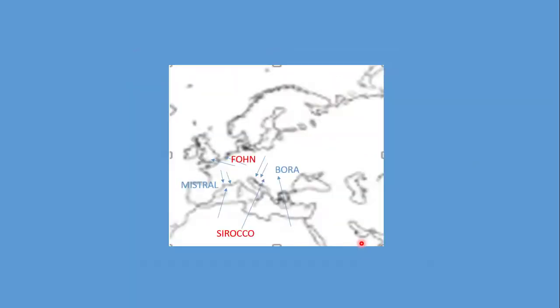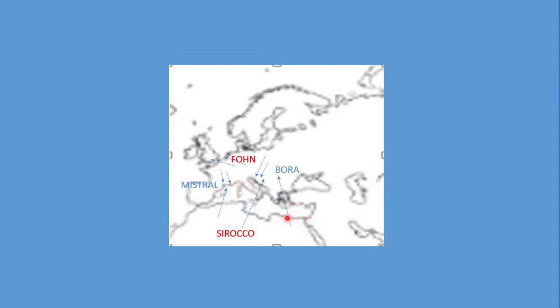Local winds also blow in the Mediterranean type of climate, and they affect the climate of that place in a particular season. Sirocco is a warm wind which blows from Africa. It is a hot and dry wind, and it affects the climate of Mediterranean regions.